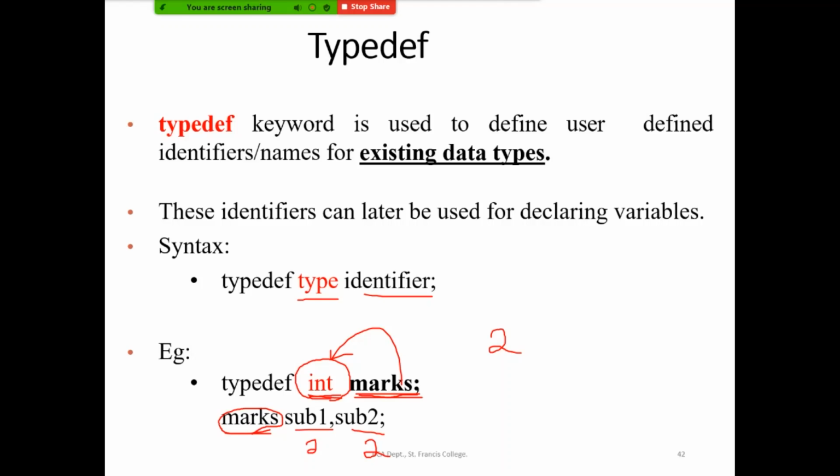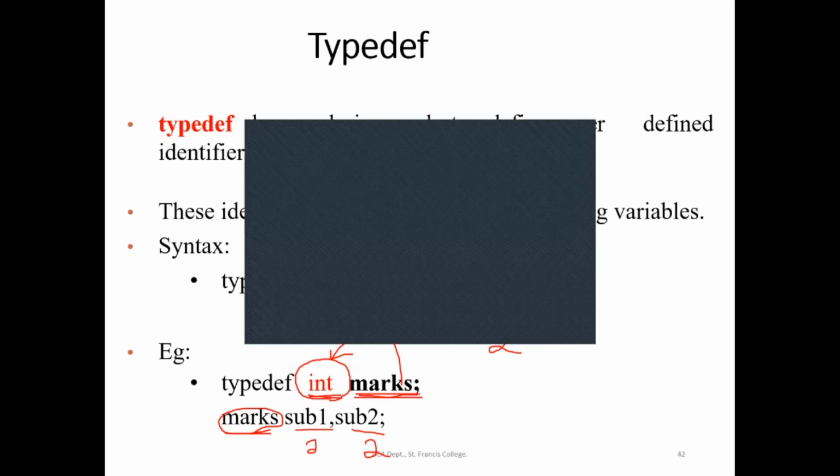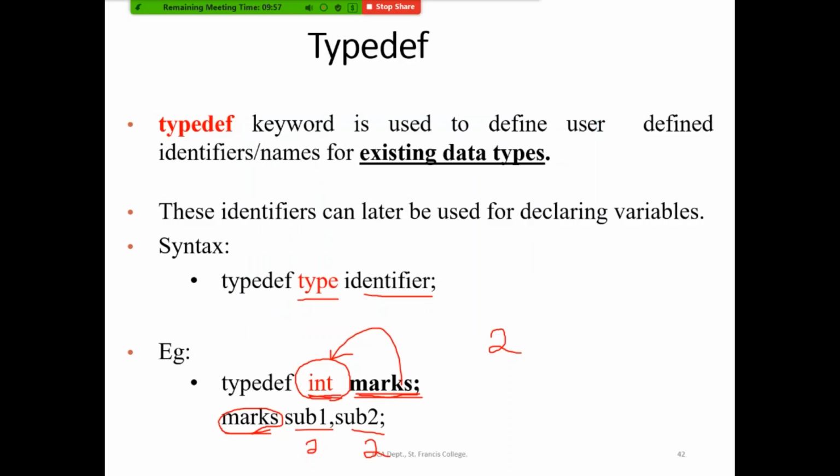Understood? So how to declare a data type? If I'm going to find the average, I want to give a user-defined name for float as average. Type in the chat box how to define it.